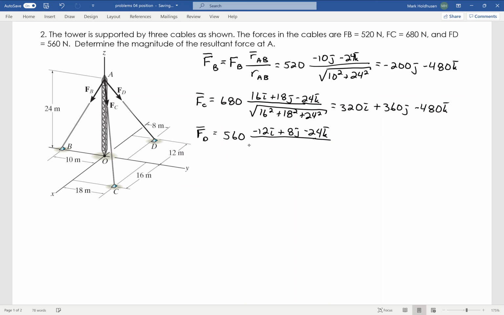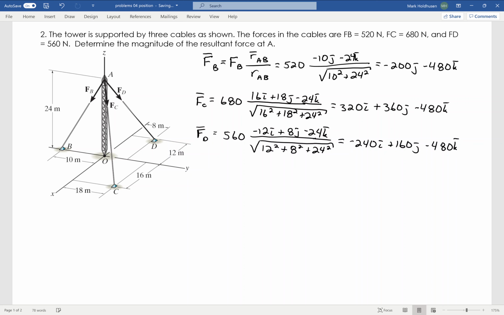So again, take 560 over that magnitude, times negative 12i, 8j, and negative 24k, and I get negative 240i plus 160j minus 480k.